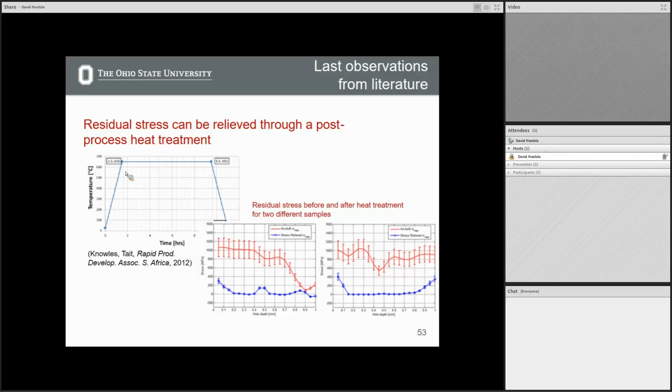And this is just a very stereotypical heat treatment profile where you put the part on the build plate into a furnace and take it up to somewhere in the 650 degrees C range and hold it there for 9 hours. Heating up something that hot for 9 hours costs a lot in terms of energy.